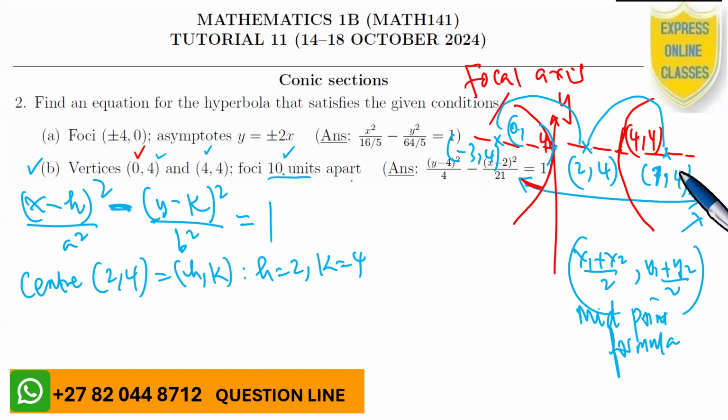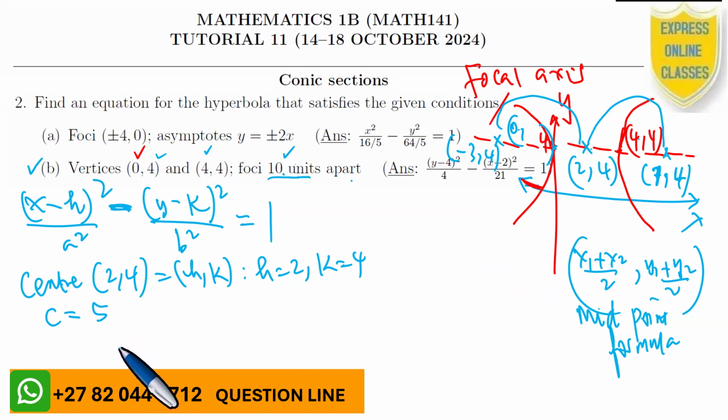This is what we have. So you see that our C is 5, which we added in both directions. At this point, we got our C.